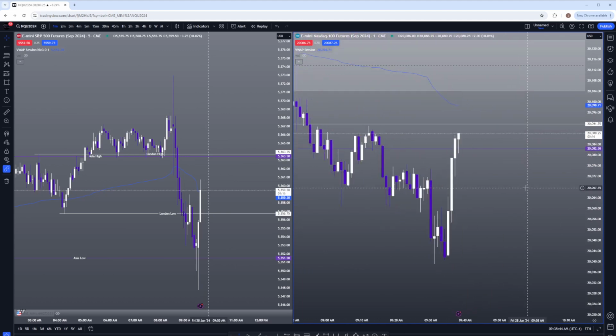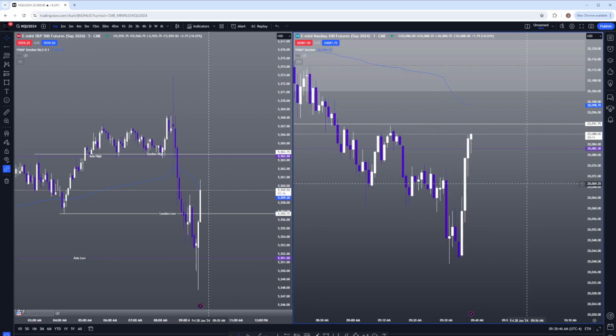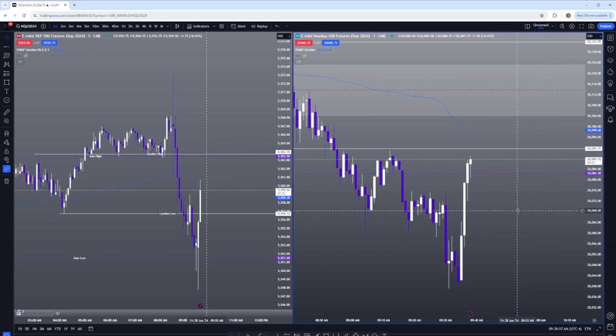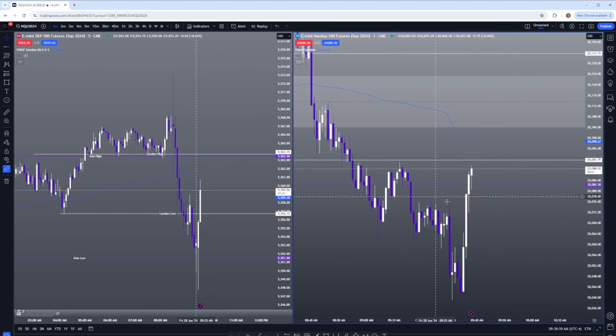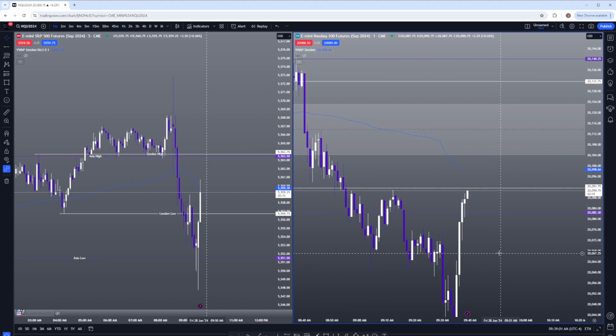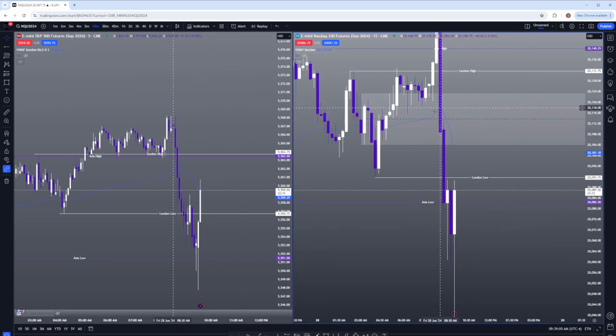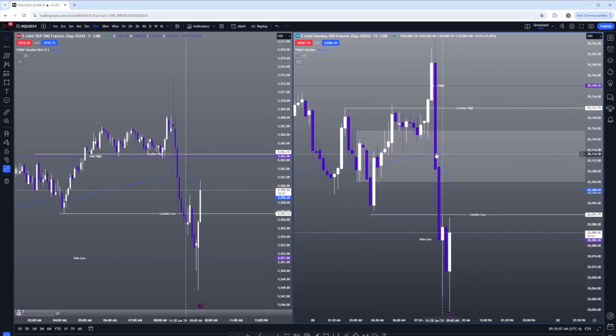So we see that break of structure, and we are heading back up to VWAP on NQ right now. Let's see if we want to get a little market structure shift. Take out this high up top, this high right here, and trade into, for the first time, the bearish breaker on the 1 hour.